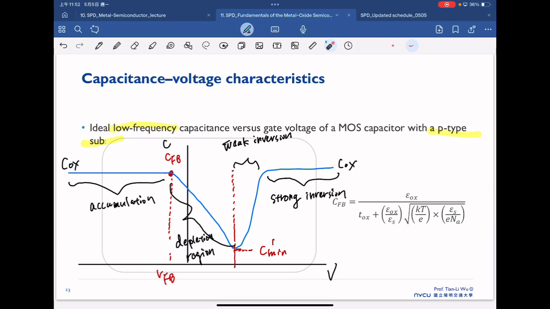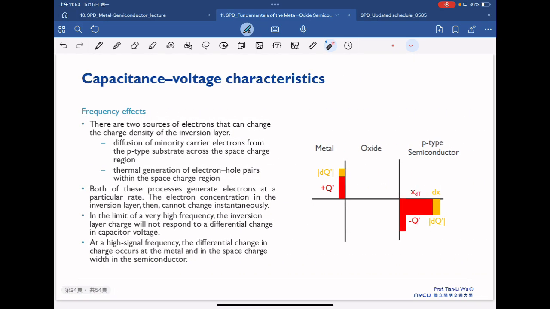However, if we go to the high frequency, then the CV characteristic will slightly change. So then we have to consider the frequency effects here. There are two sources of electrons that can change the charge density of the inversion layer: diffusion of minority carrier electrons from the p-type substrate across the space charge region, and thermal generation of electron-hole pairs within the space charge region. Both of these processes generate electrons at a particular rate.